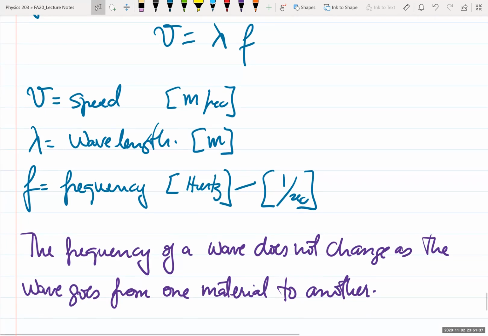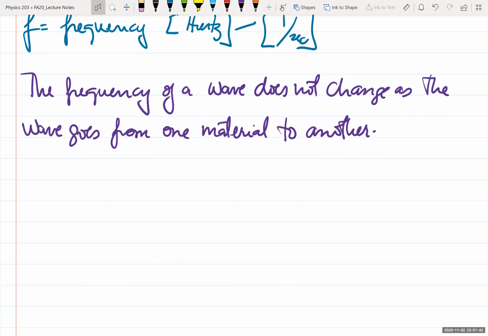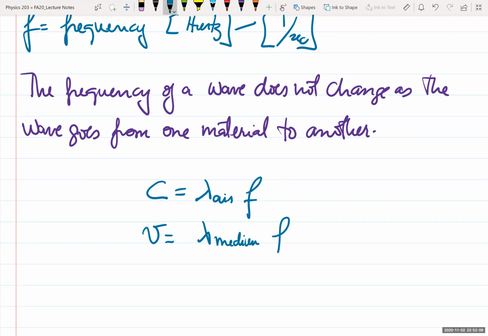That gives us a very interesting situation. If we're in air, the speed of light in air, c, is the wavelength in air times the frequency of the light. Then let's say I go into another medium, it could be water, could be anything. It's going to have a speed v, which is the wavelength in the medium times the frequency.